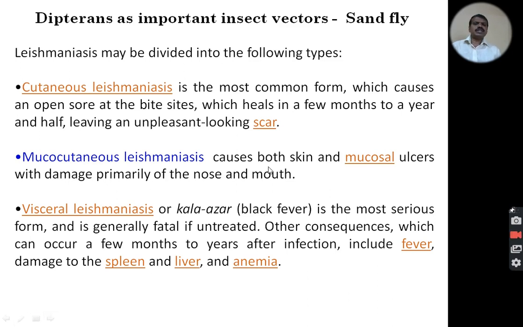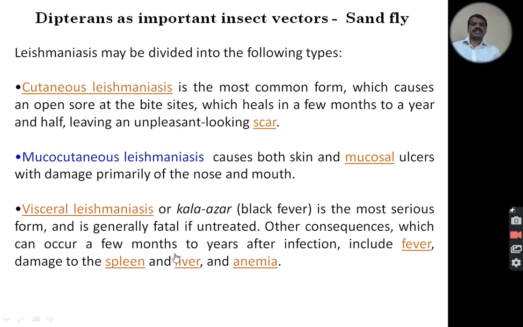Mucocutaneous leishmaniasis usually causes both skin and mucosal ulcers with damage primarily of the nose and mouth. Visceral leishmaniasis causes a fever called black fever, or kala azar. It is the most serious form of the infection, and it is generally fatal if not treated.